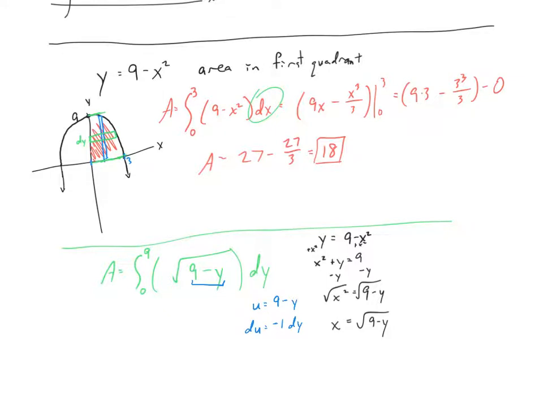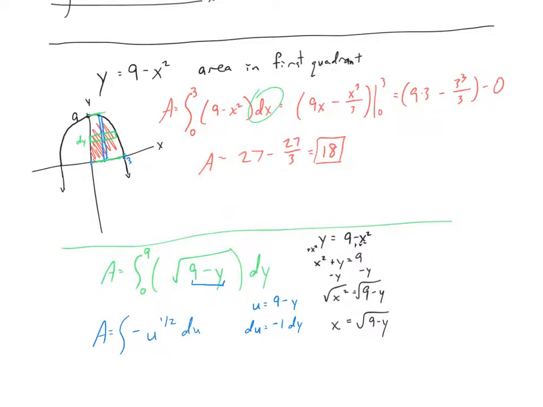And what are we going to do there? So if u equals 9 minus y, I'm going to rewrite my integral now. I'll leave the bounds off for a minute. Inside of that radical, it's just the square root, but let's write that as u to the 1/2 power du times negative 1.